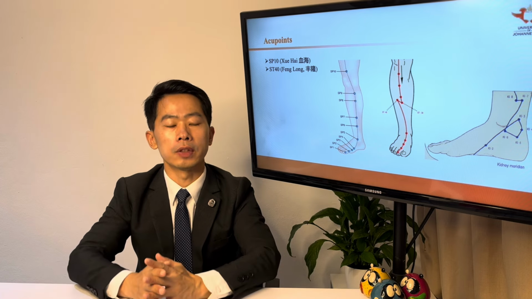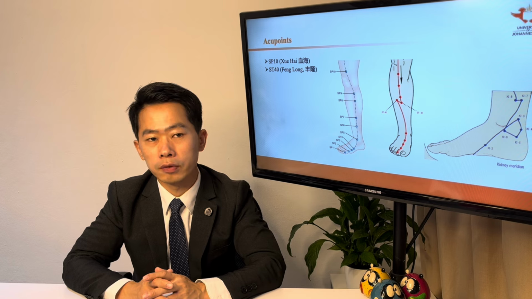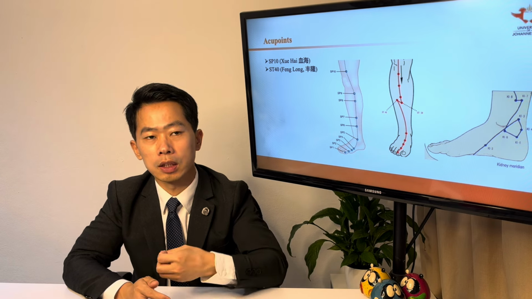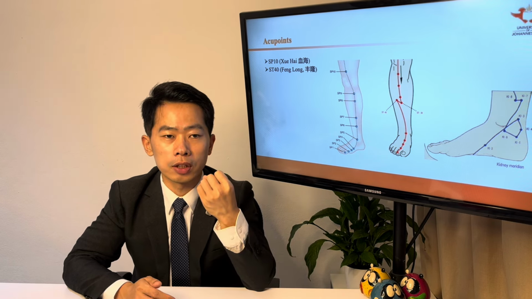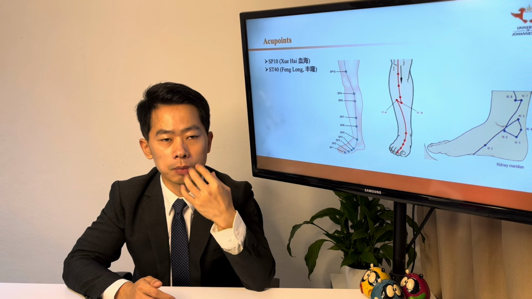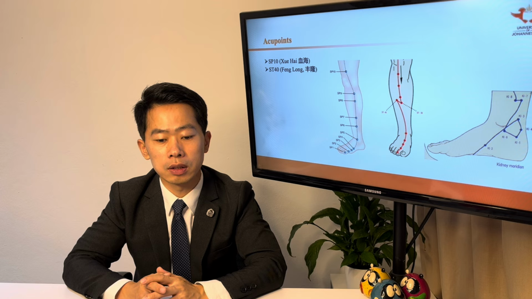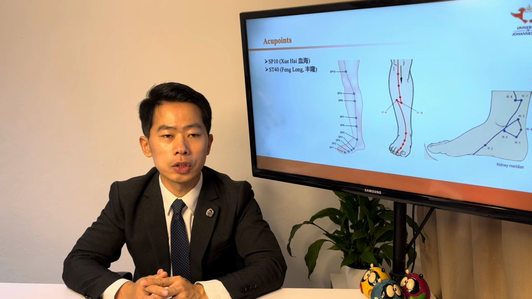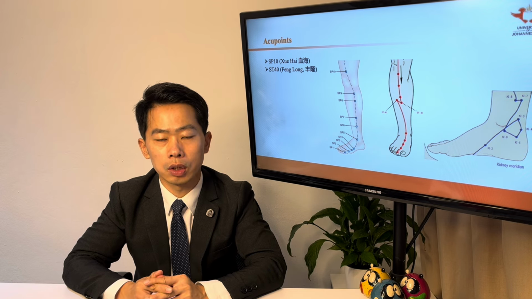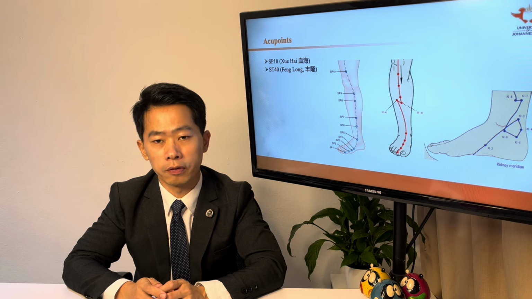For example, visible phlegm can be cough with a lot of mucus, or a blocked or runny nose with a lot of mucus. These are visible phlegm, including a thick coating on top of the tongue, a thick greasy coating. All these are related to phlegm.